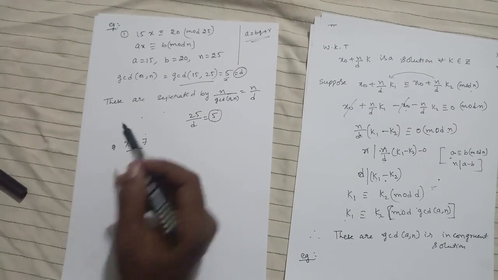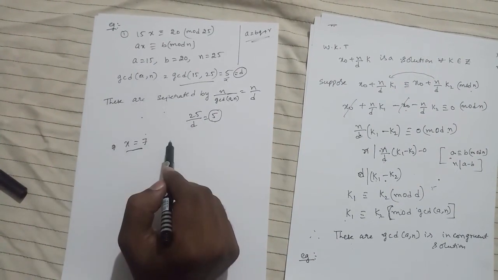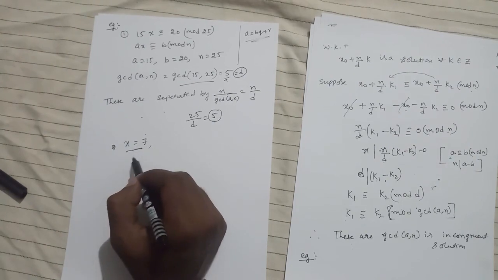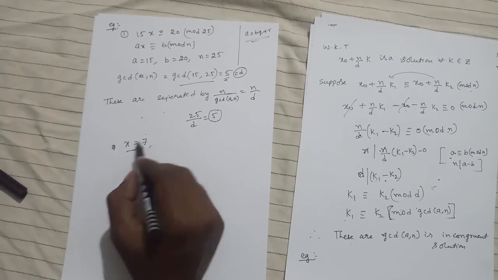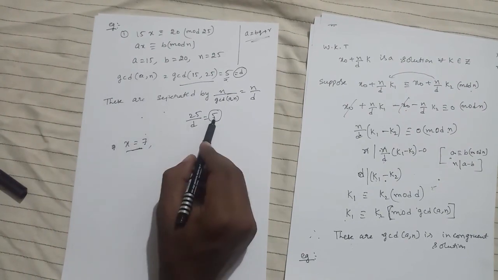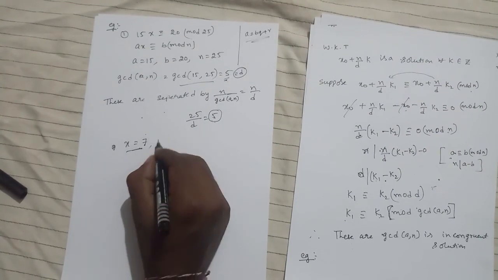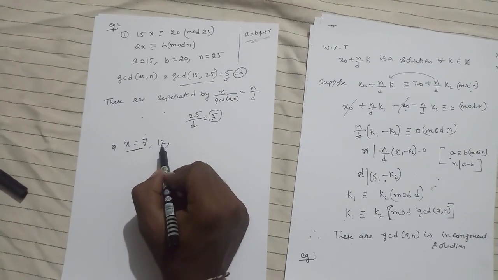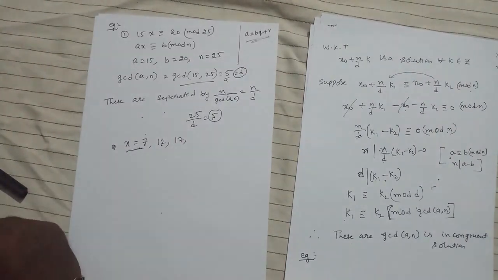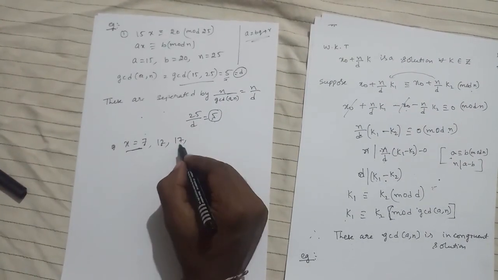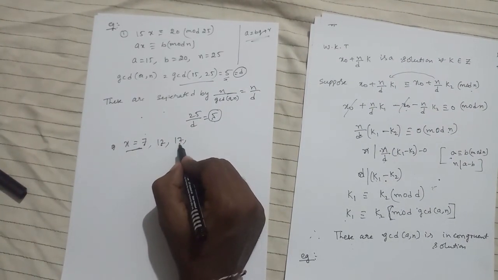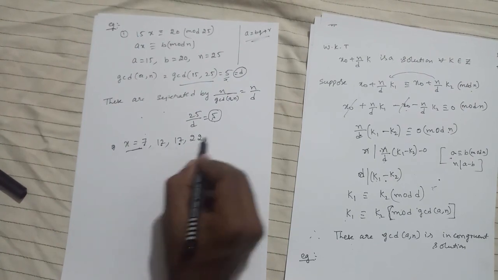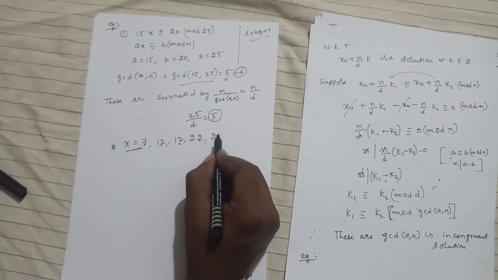Afterwards there is no need to prove all those things or the general formula. You can directly calculate the next ones. The first solution is 7, so add 5 to 7 and you get another solution, 12. Add 5 to 12 and you get 17. Add 5 to 17 and you get 22, and add 5 to this and you get 27.